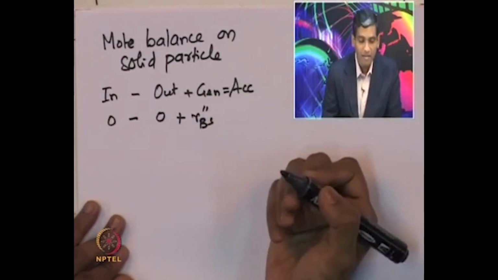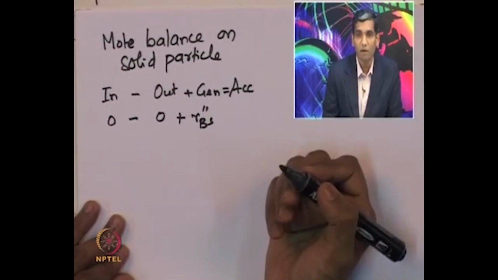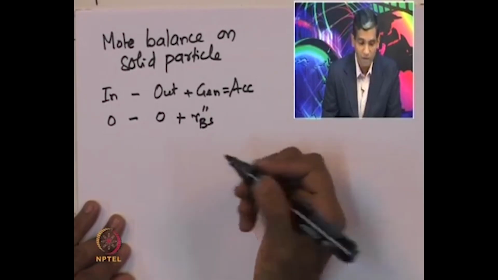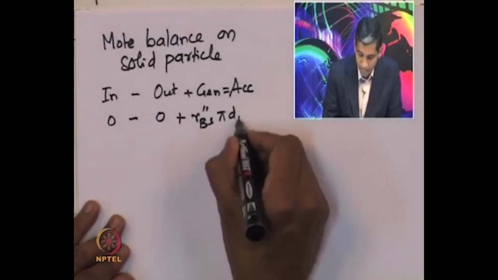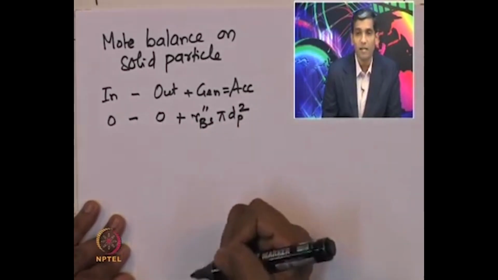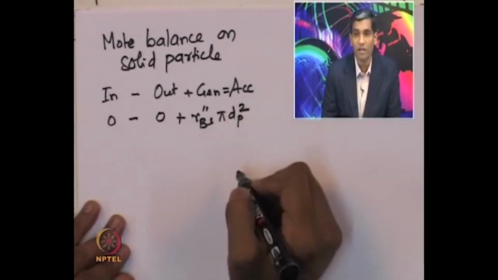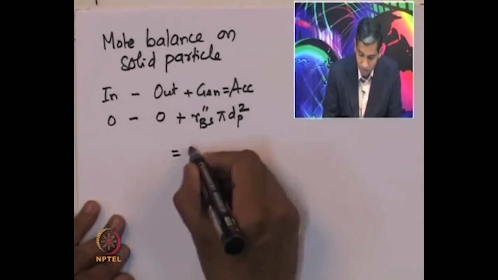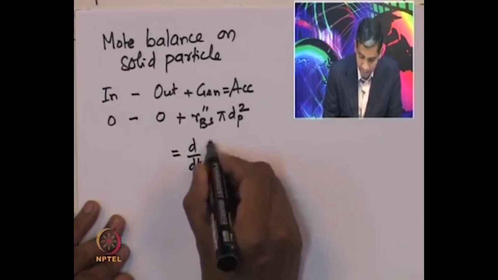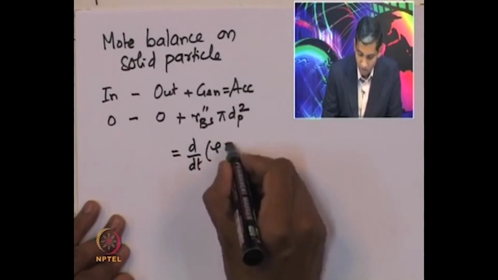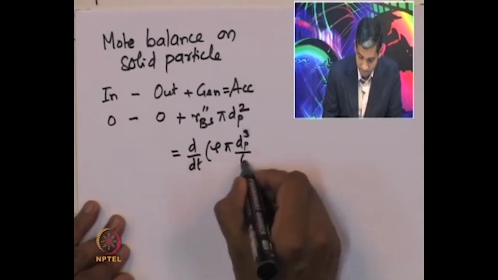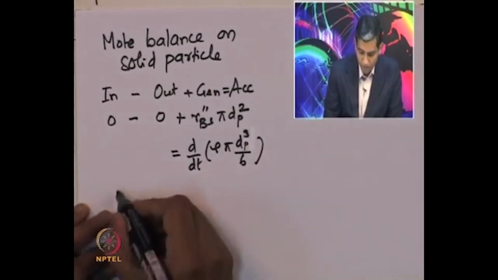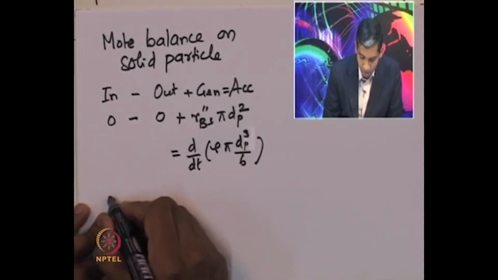So, if R_BS is the rate at which the solid is being consumed at the surface of the particle, multiplied by pi dp squared, the surface area of the solid particle, that should be equal to d by dt of density times the volume of the spherical particle. Suppose we assume equimolar counter diffusion.